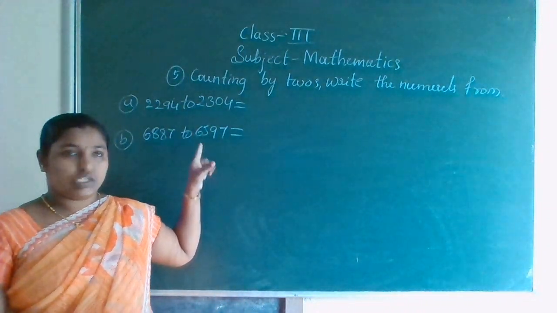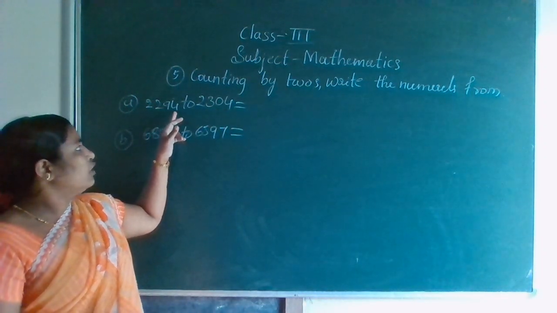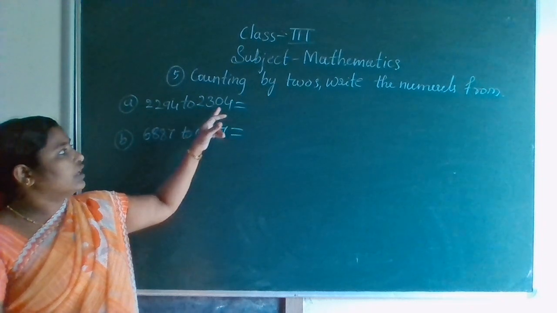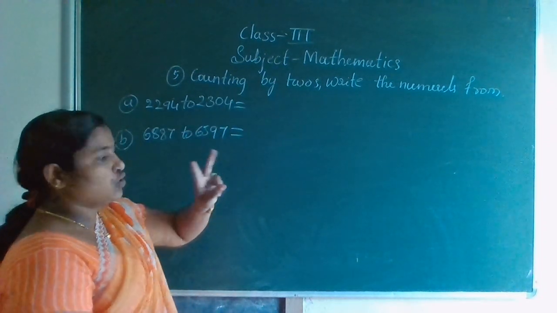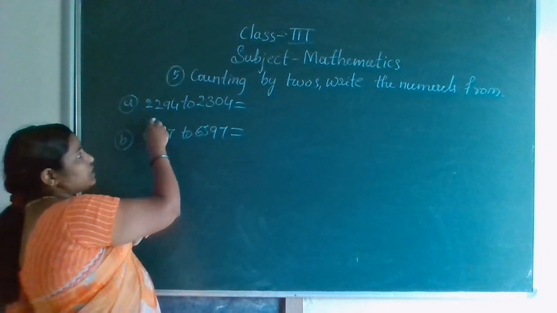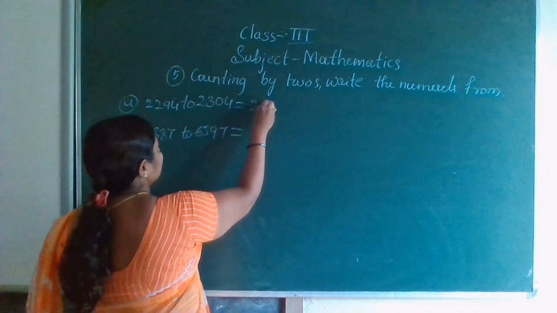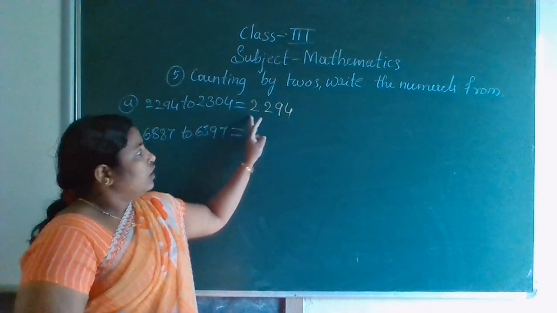Now we have to write counting by twos between these numbers, 2294 to 2304. Hold 2 fingers. The first number we write is 2294.